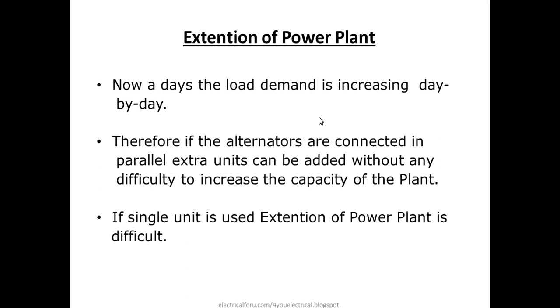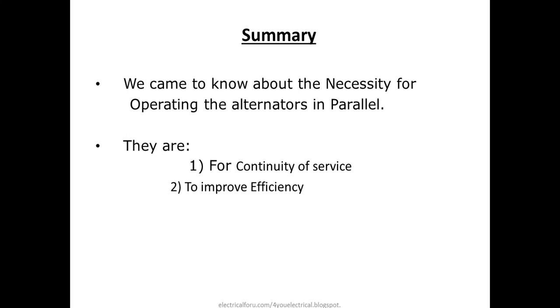If you connect a number of units in parallel, it is easier to extend the power plant. In summary, the necessity of parallel operation is continuity of power supply, improved efficiency, and easy maintenance.